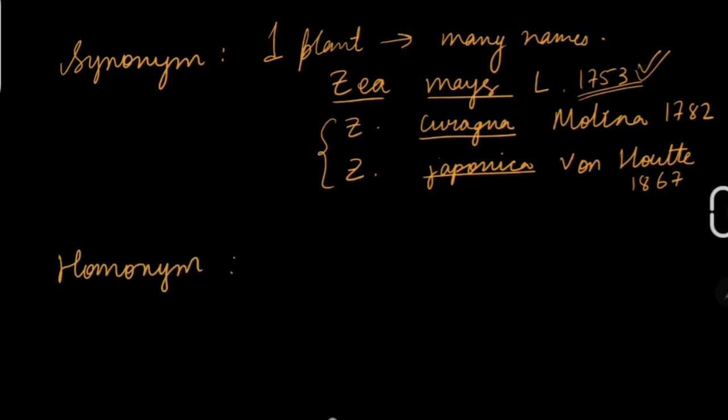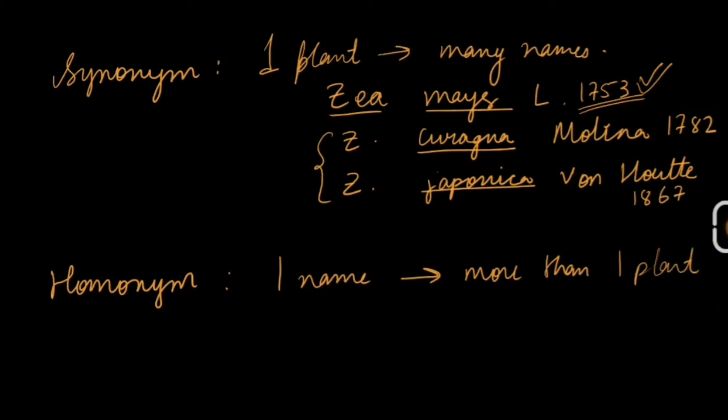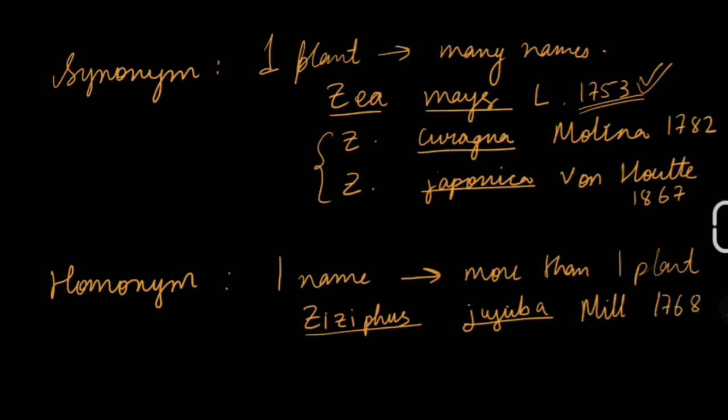Now homonym is the complete opposite of synonym. Here one name is given to more than one plant. Here's an example: jujube, which is also called ber in Hindi. It was named Ziziphus jujuba by Miller, author citation Mill., in the year 1768.